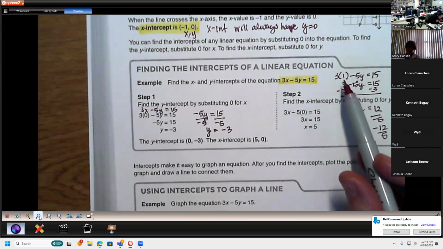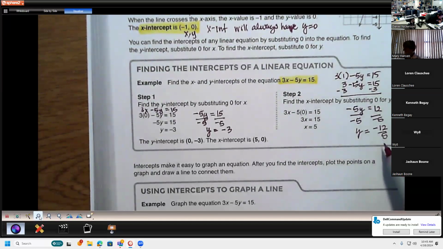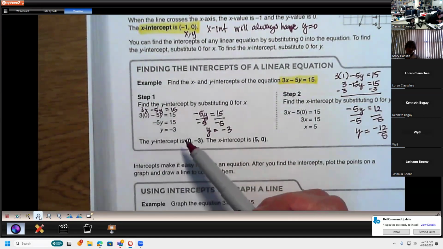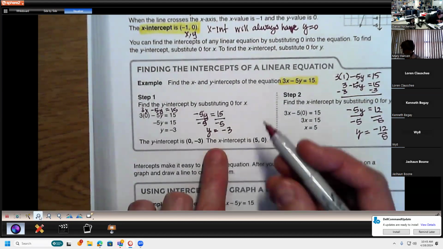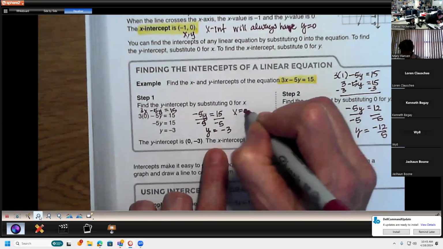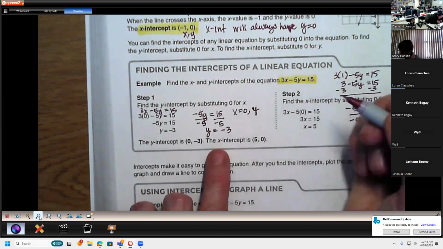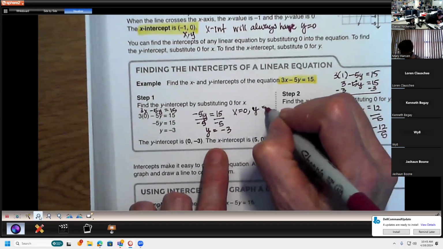It's going to be really hard to pick a random x and not be stuck with a fraction. But if we pick 0 for x, it wipes out that term, and then I get a nice number. So I put in 0 for x, and I got out y is negative 3.